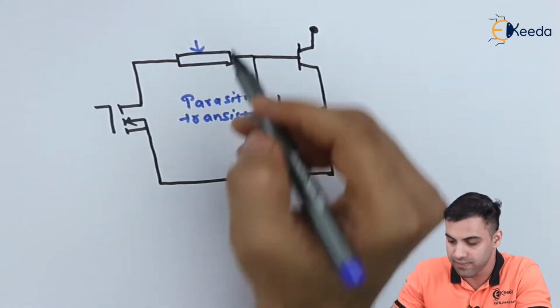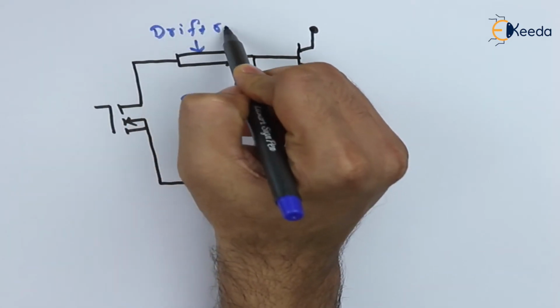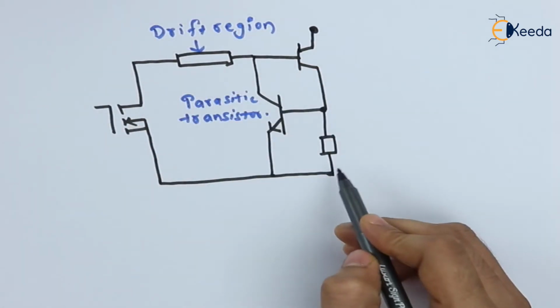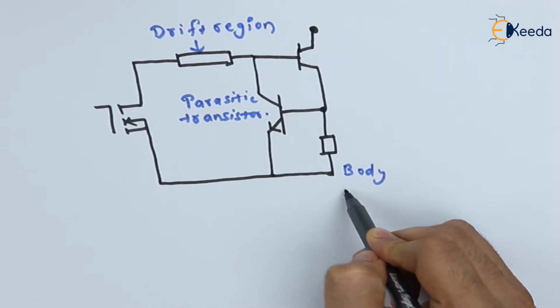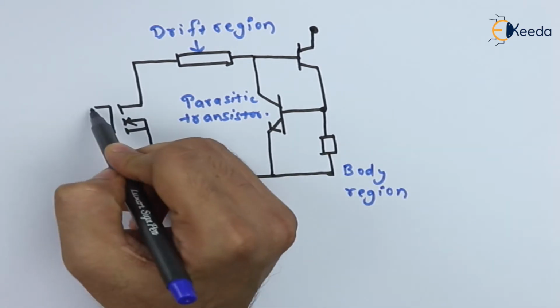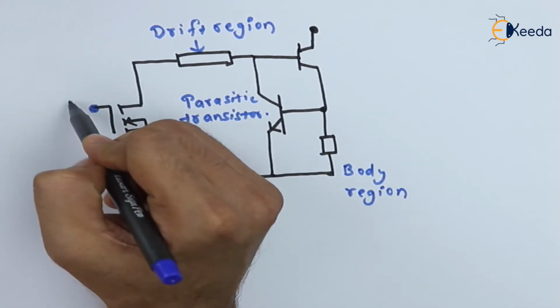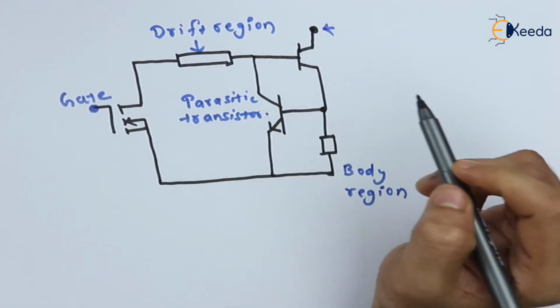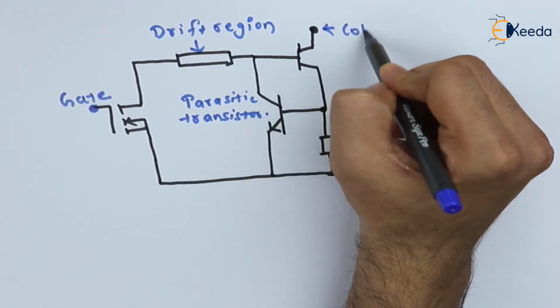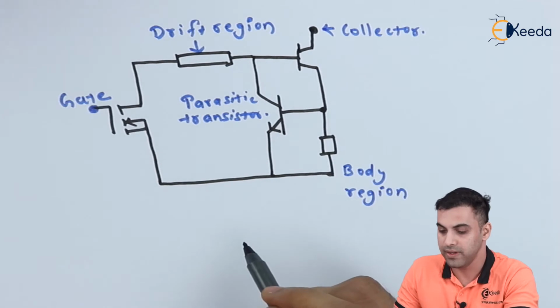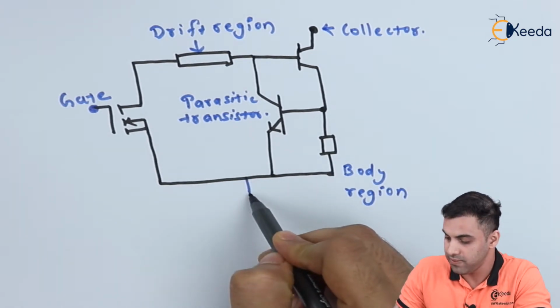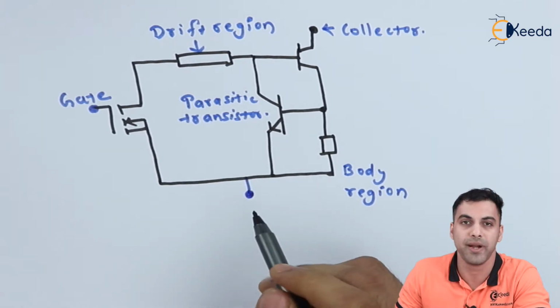This is the gate terminal, this is the collector terminal, and friends, here this is the emitter terminal.